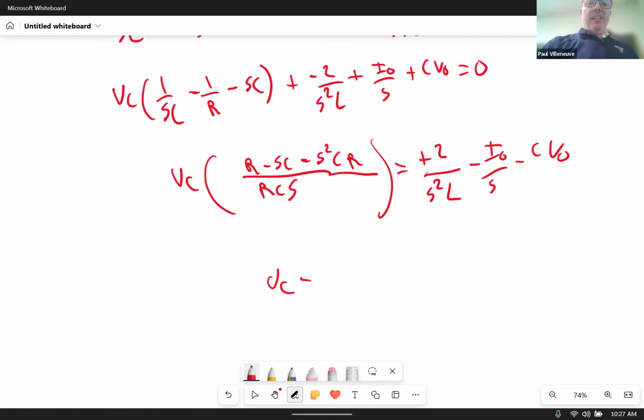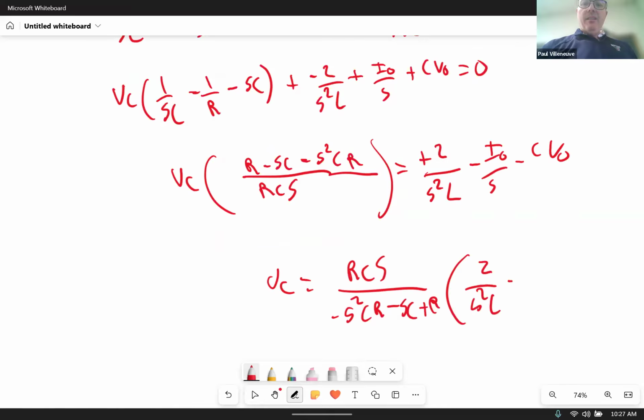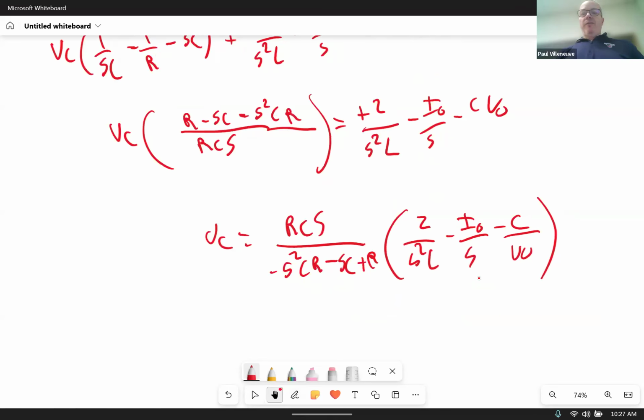So VC is going to be equal to RCS over negative SC plus R, all of that times, that's your final answer. Now you'd have to do partial fraction expansion.